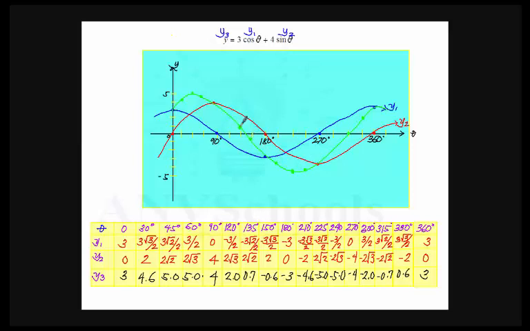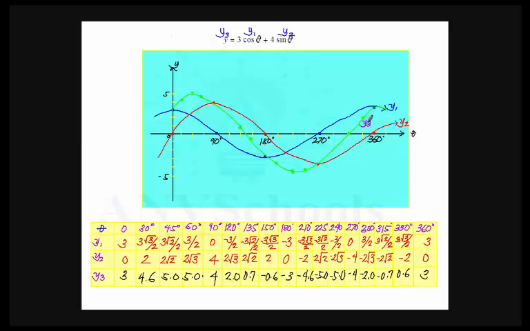So this is the graph of the combined sinusoids. Call it Y3. So this is Y3. Take a look that it has a maximum at approximately 5 and a minimum at approximately -5.